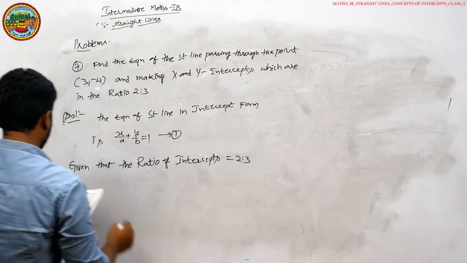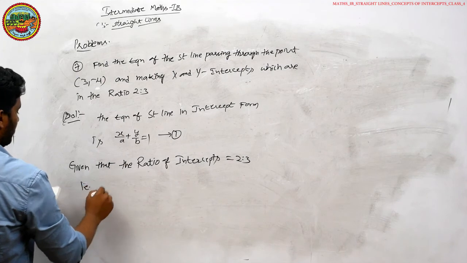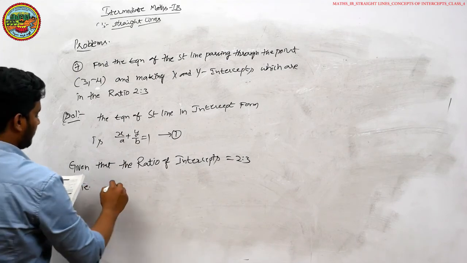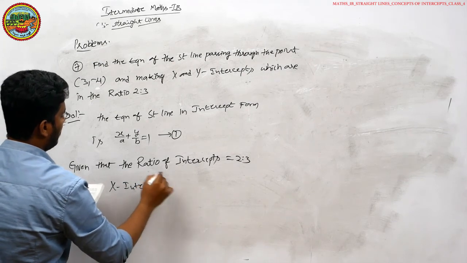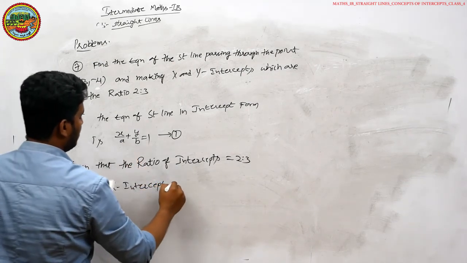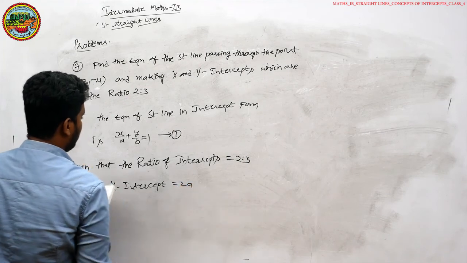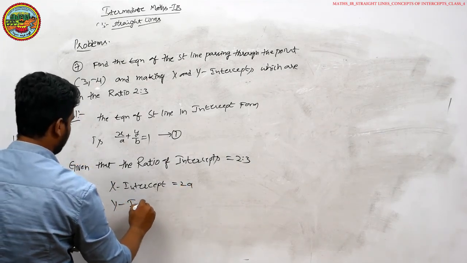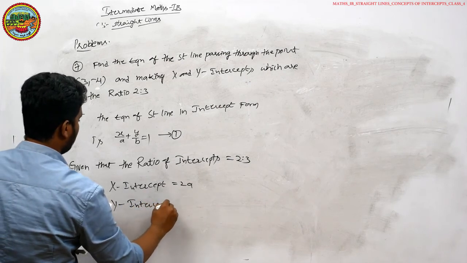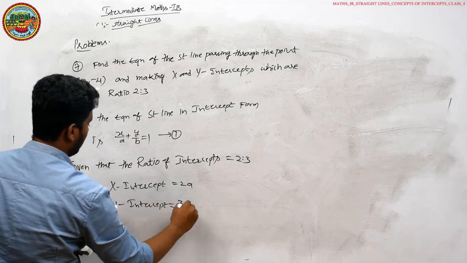So that means the x-intercept is taken as 2a and the y-intercept is taken as 3a.